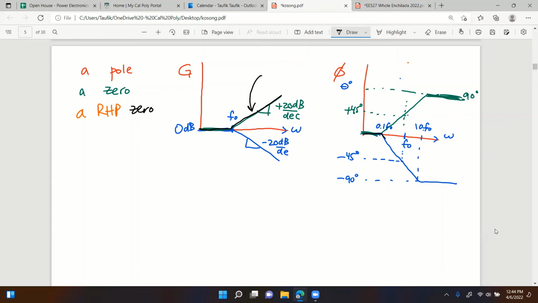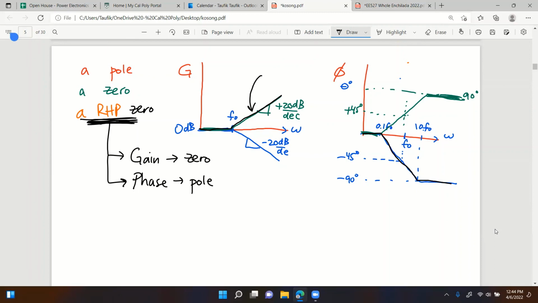So it actually follows the pole angle. See that? So that's the unique thing about the right half plane zero, right? The gain looks like a zero, but the phase plot looks like a pole. Gain looks like a zero, phase angle looks like a pole, right?